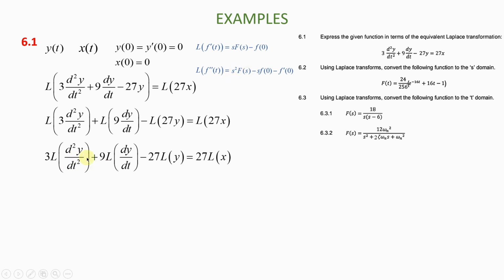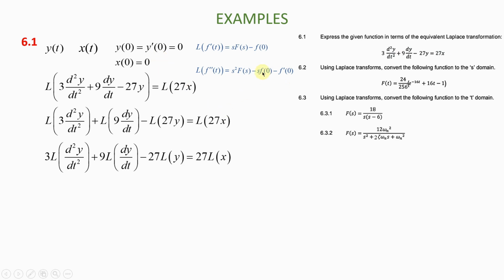In this case, it's going to be y of s because our function is not f but y(t). So it's going to be s squared y of s minus s multiplied by y of 0. Y of 0 is 0, and then minus y prime of 0, and that we also take as 0 because in this question they did not give us initial conditions, and therefore we are just assuming that they are all 0.